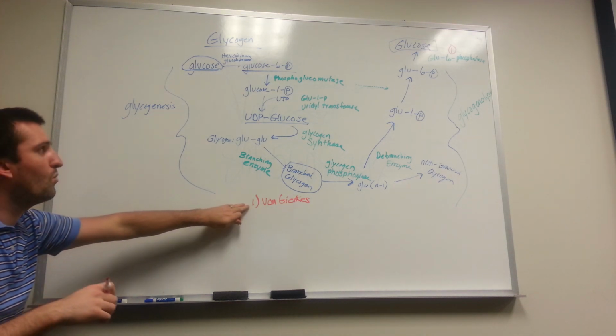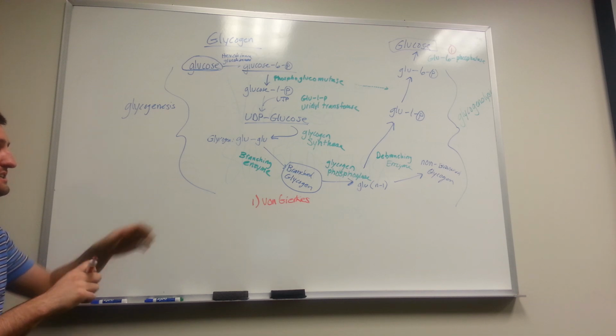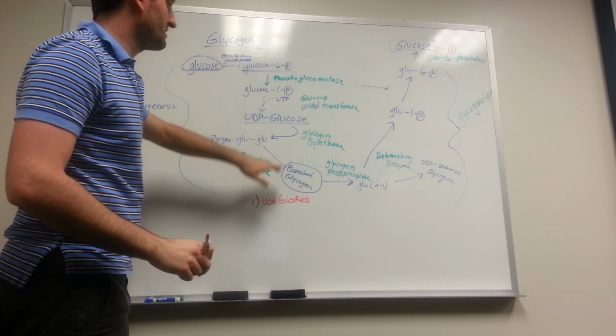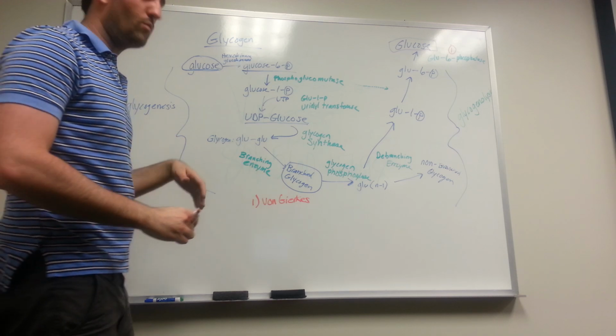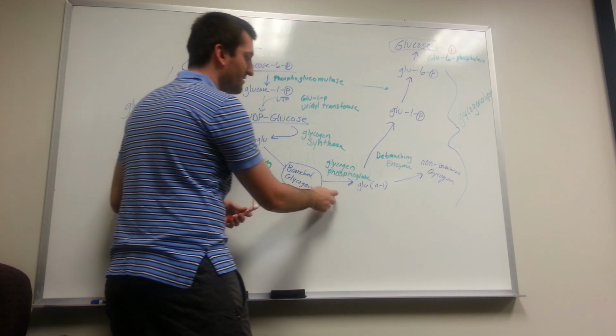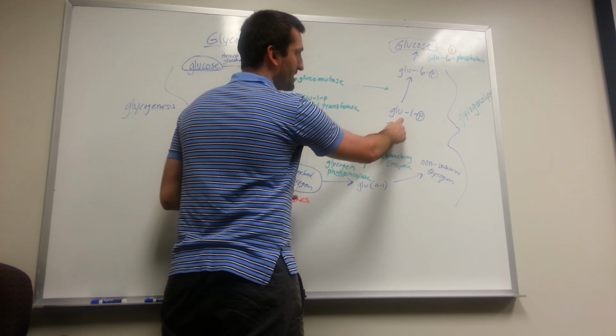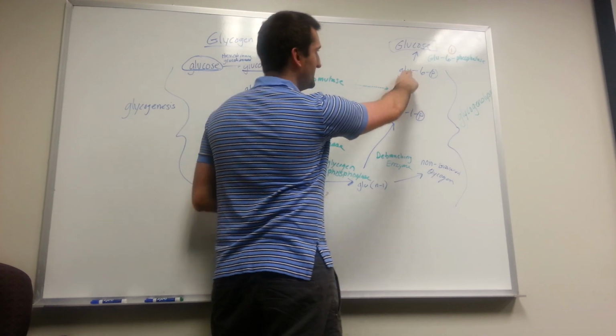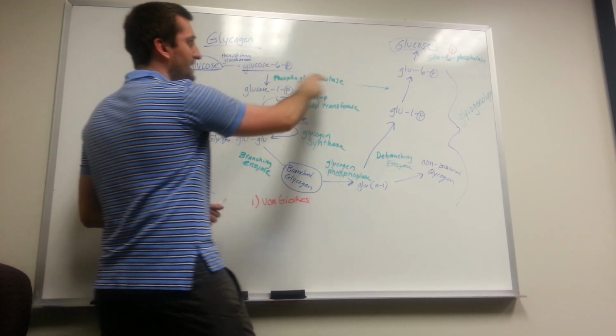So in type 1, we're going to have all this glucose. It's going to get converted to glycogen when we have a well-fed state. Then when we're fasting, we're going to try and break down all this glycogen. We're going to break it down and add a phosphate to it.